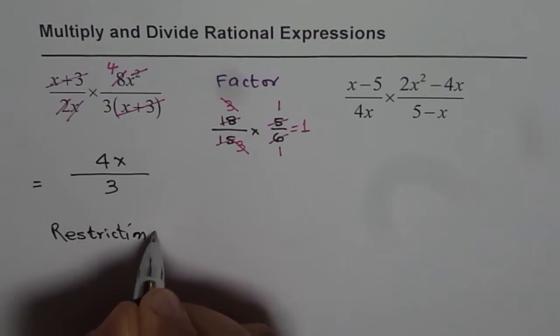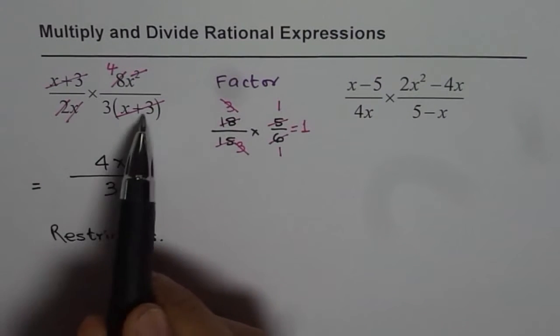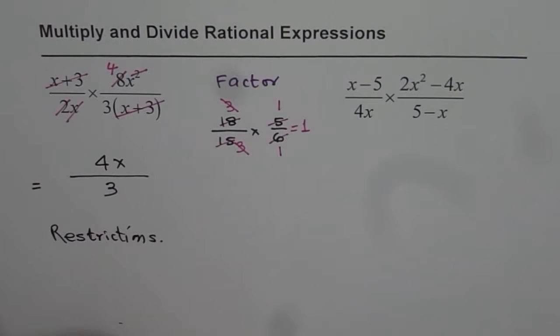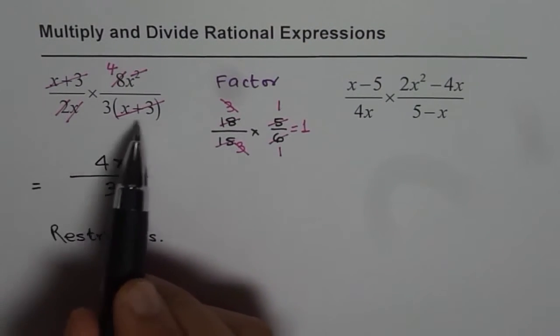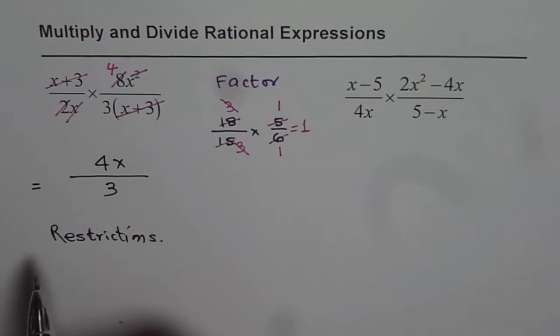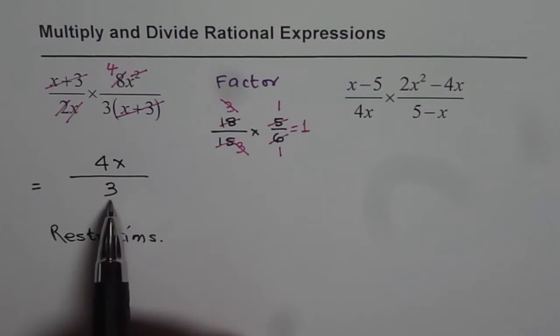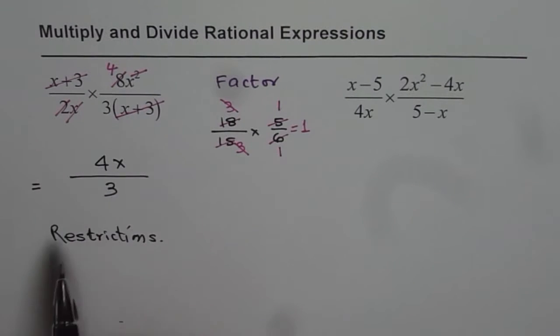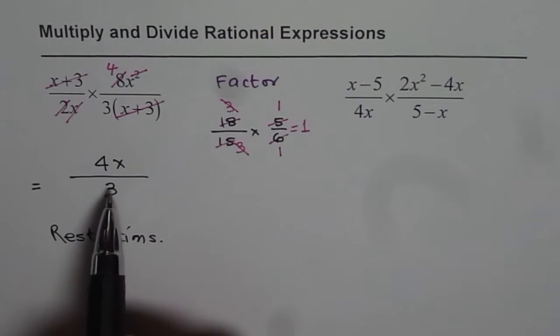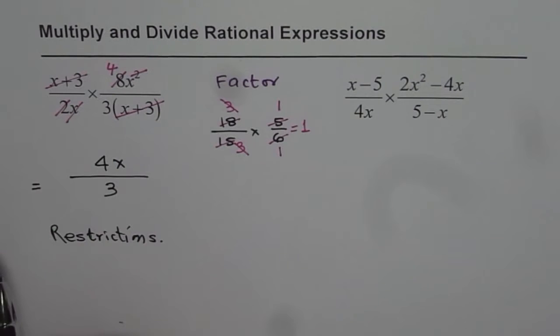Restrictions mean that in the denominator, you cannot have 0. Remember to write restrictions before simplifying. Otherwise, if you look at this term 4x over 3, 3 is never 0, so there are no restrictions on this. But strictly speaking, it is not equivalent to the given rational expression.